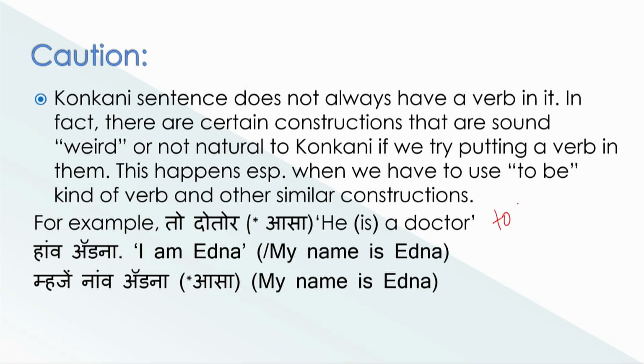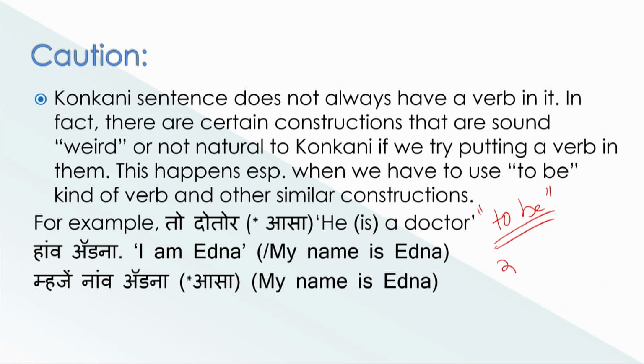What we need to remember is that a Konkani sentence does not always have a verb in it. The Konkani sentence might omit the verb. In fact, there are instances where if we forcibly try to use the verb, the Konkani sentences look weird. This mostly happens when we have to use to-be kind of verbs.